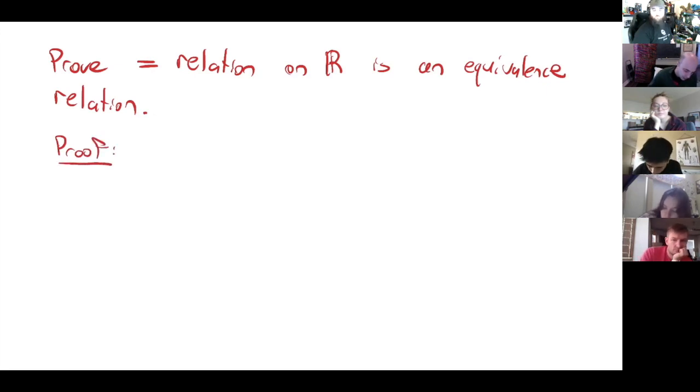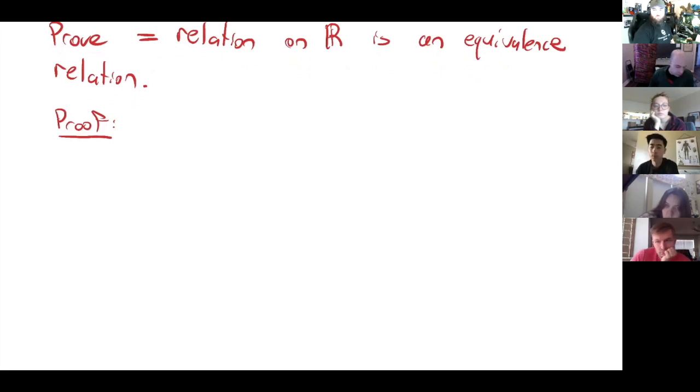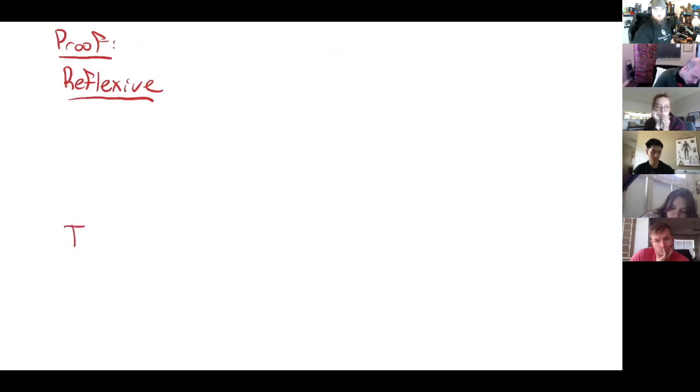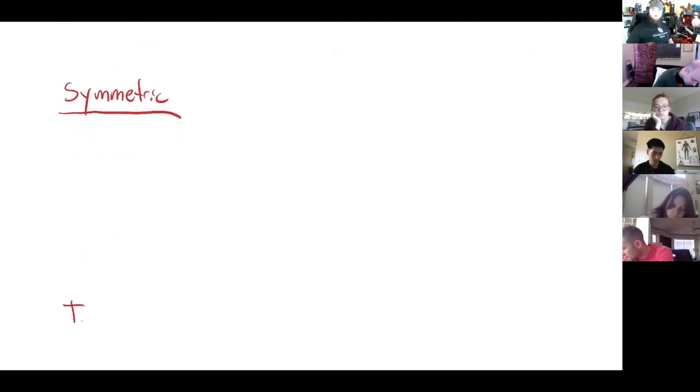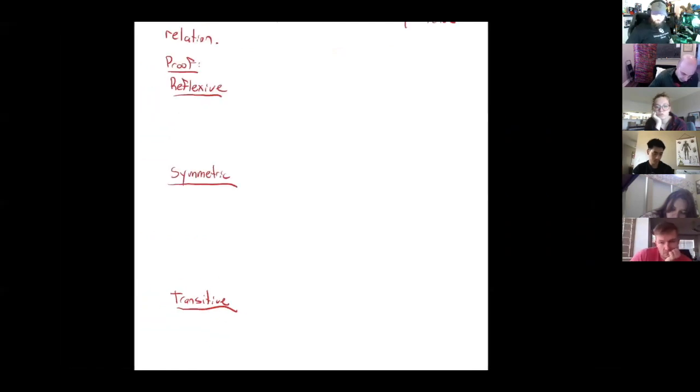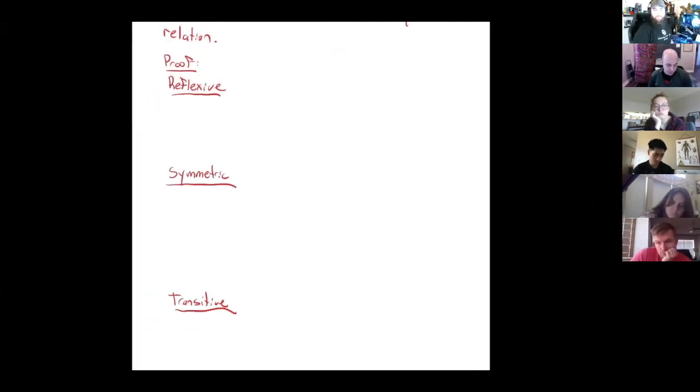Then when we do these proofs, we're going to have three things here. This is one of these nice proofs where you should be labeling out these parts. There's going to be a part of the proof where we check the reflexive property, a part where we check the symmetric property, and a part where we prove the transitive property.